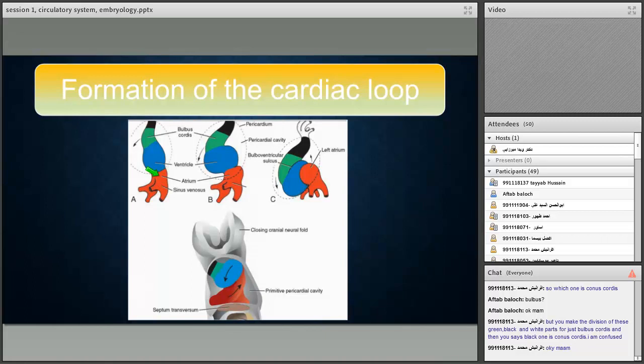After that, we have the blue part. It's the primitive ventricle and forming the trabeculated portion of the left ventricle.